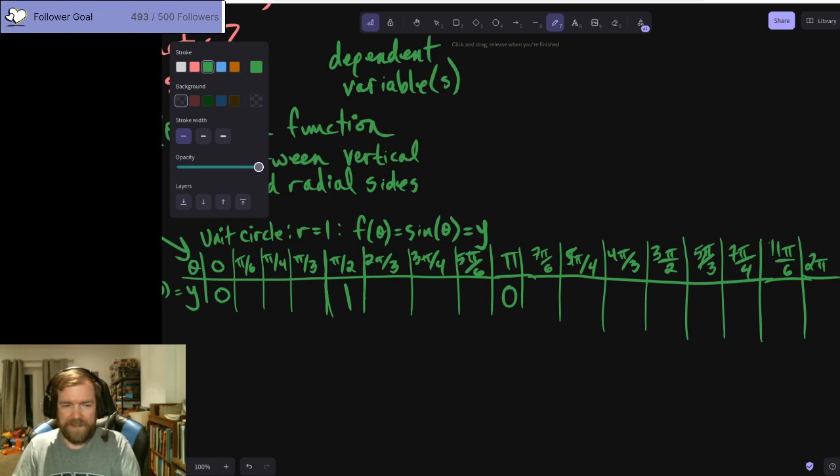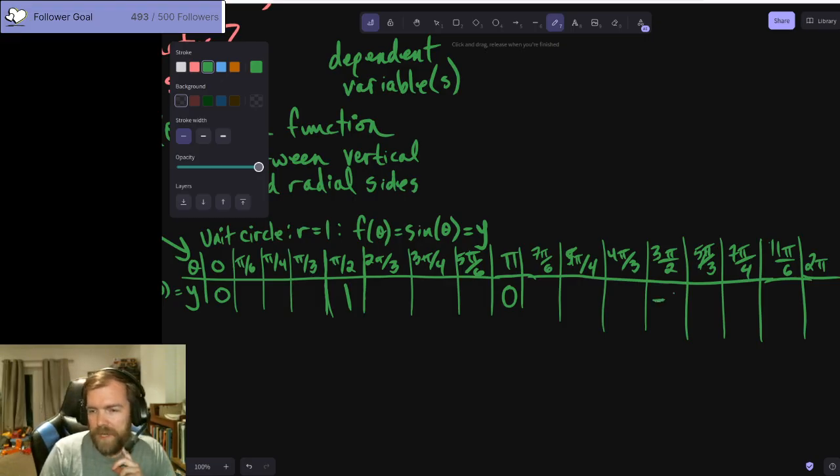But what's different? Yeah. Right? 3 pi over 2 is going to be negative 1 because here the y value is negative. The radius is always positive. It's just a constant 1 or whatever it ends up being.